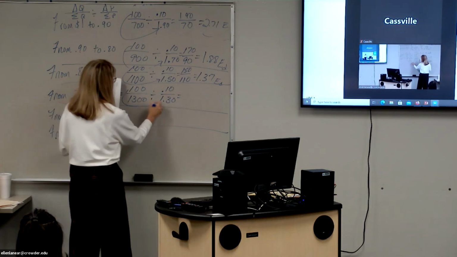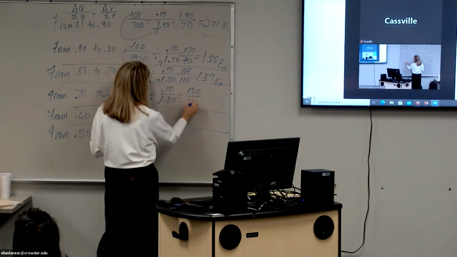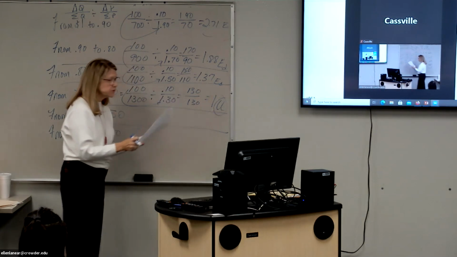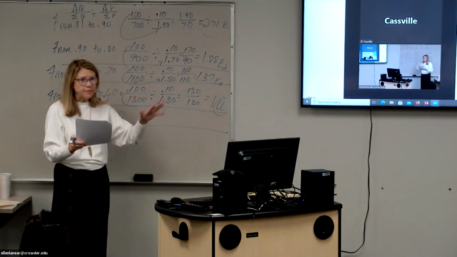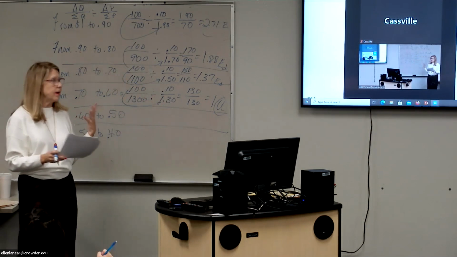Cross multiply, that gives us 130 divided by 130, so it equals 1. So that's unit elastic. You have the same percentage change in quantity as the percentage change in price.